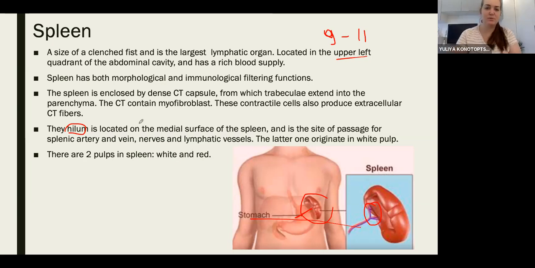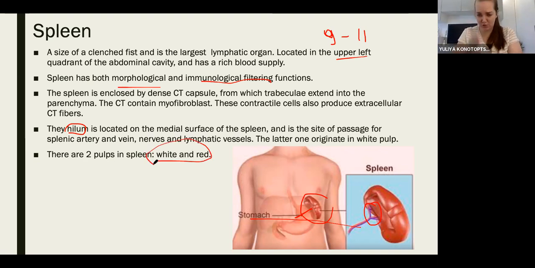What's the function of the spleen? Morphological and immunological filter. Remember this, because we'll be talking about it right now, and I'll be asking you. It has two areas. We call them white and red pulps.